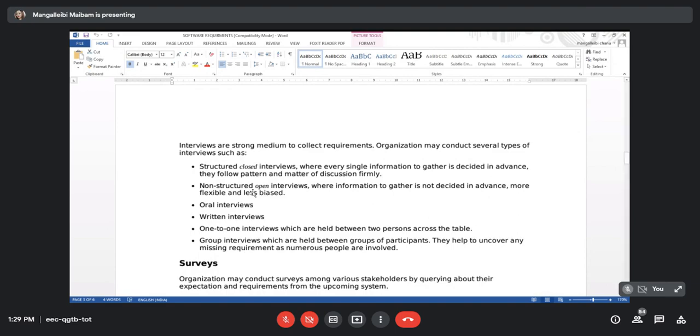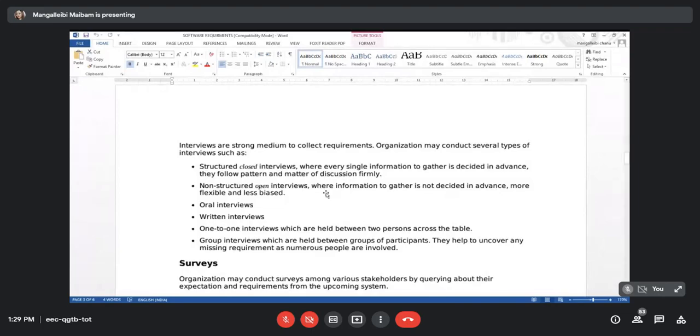And non-structured interviews, also called open interviews, are where the information to gather is not decided in advance. That means the requirement gathering process is not decided in advance, and there can be certain techniques by which we can select the requirements.